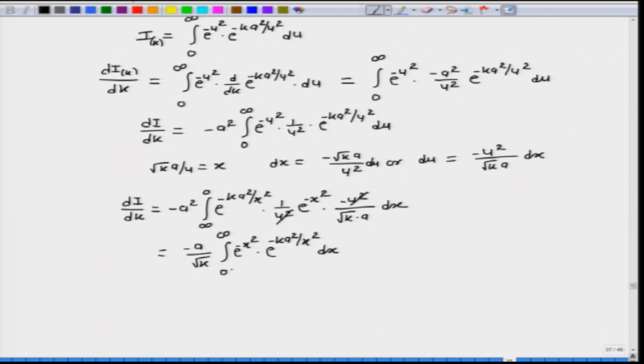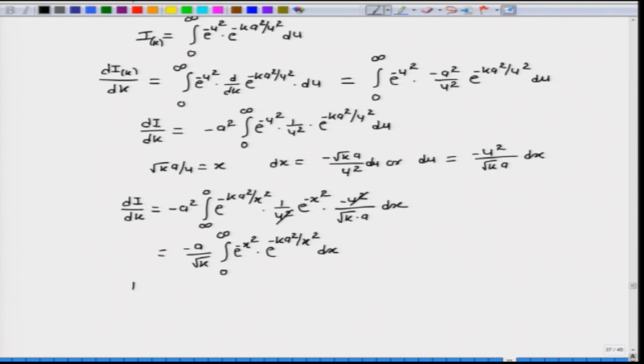And if we closely look at this integral, in the limit from 0 to infinity, it is basically the same as I of k.